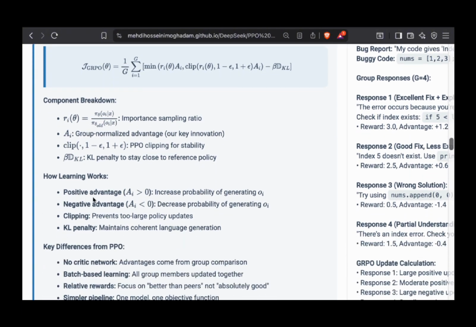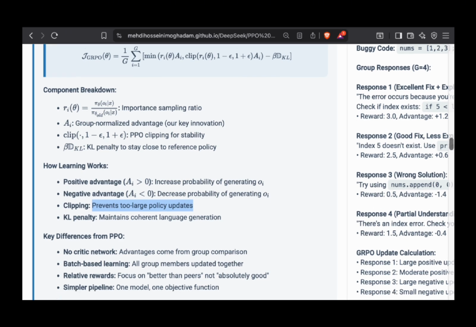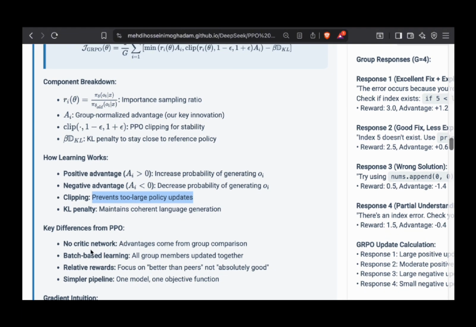Positive advantage is to increase the probability of generating o_i. Negative is just to decrease the probability of generating a specific response. Clipping is just preventing too large policy updates. And the KL penalty again maintains coherent language generation. The differences with PPO: no critic network, which means computationally it's much better.